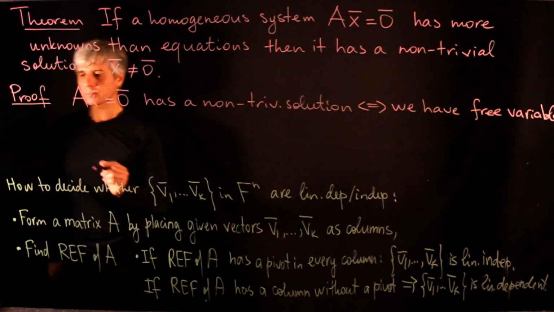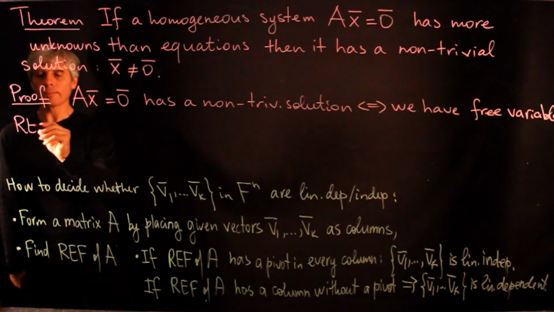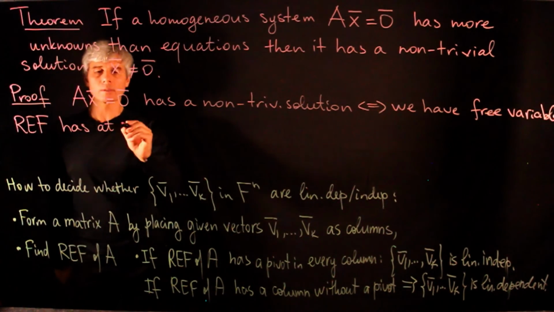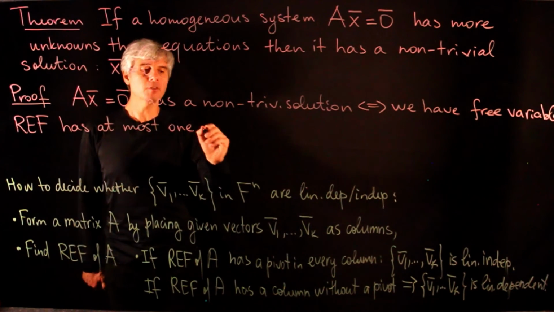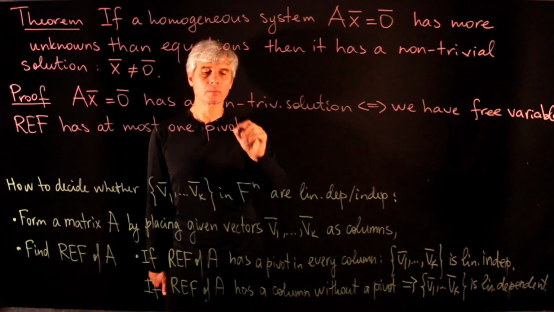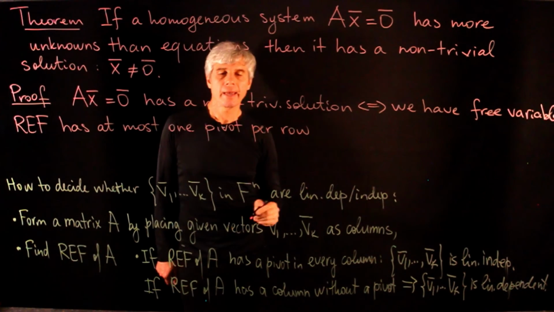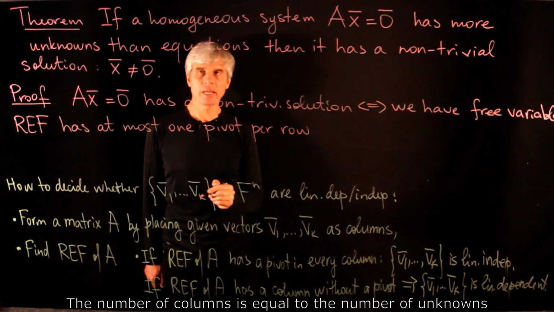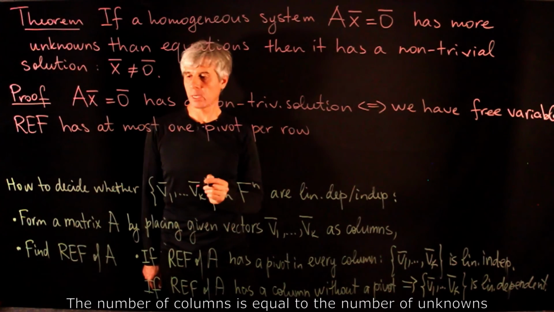But what we have here is that row echelon form has at most one pivot per row. And the number of rows is equal to the number of equations. And the number of columns is equal to the number of unknowns.